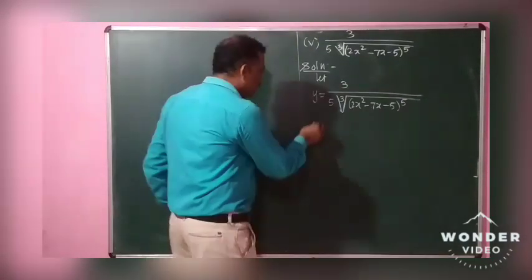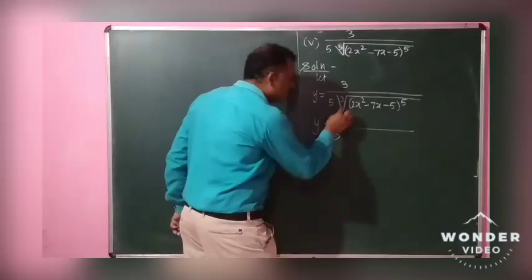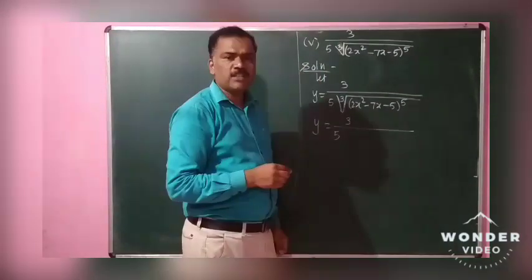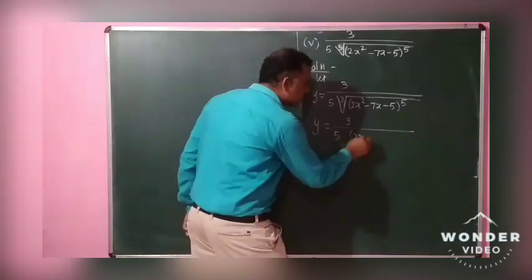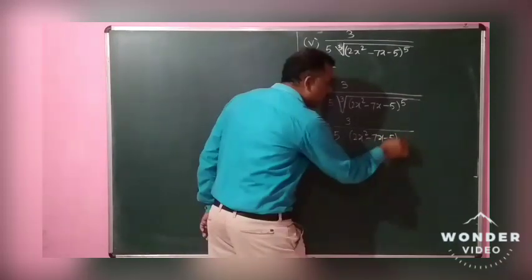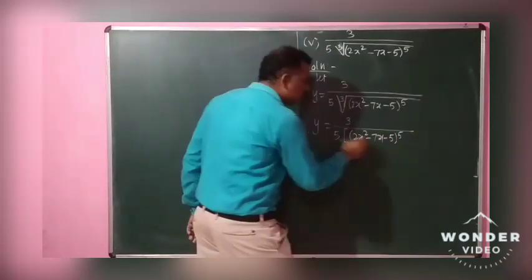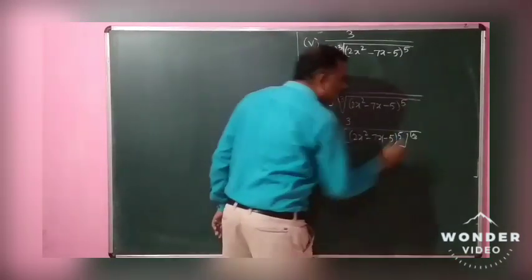How to write this? y is equal to 3 divided by 5 into, cube root is nothing but power raised to 1 by 3. So we can write 2x square minus 7x minus 5 bracket raised to 5, and due to that cube root we write the power as 1 by 3.